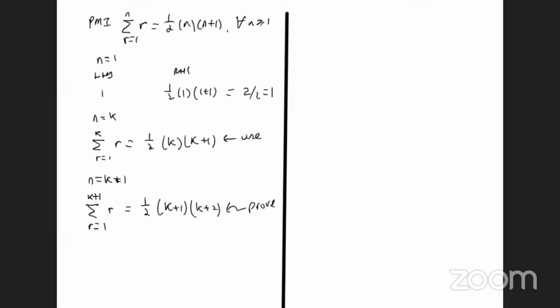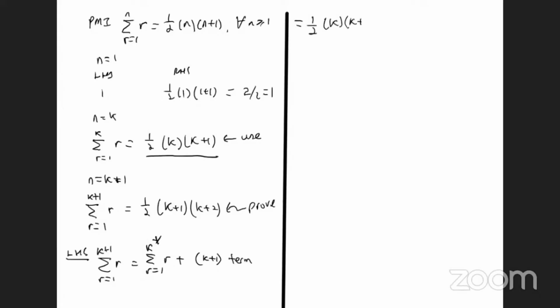So usual thing, we're trying to prove this, and we are going to use this in our expansion, right? So you start with the left-hand side here. You have the summation of r going from 1 to k plus 1. That's the summation of r going from 1 to k, and then you add the k plus 1 term. So remember, you could take off this and write this. So that'll be 1/2 k, k plus 1.